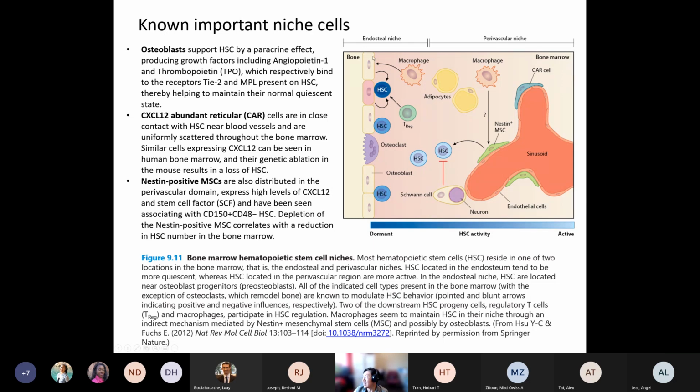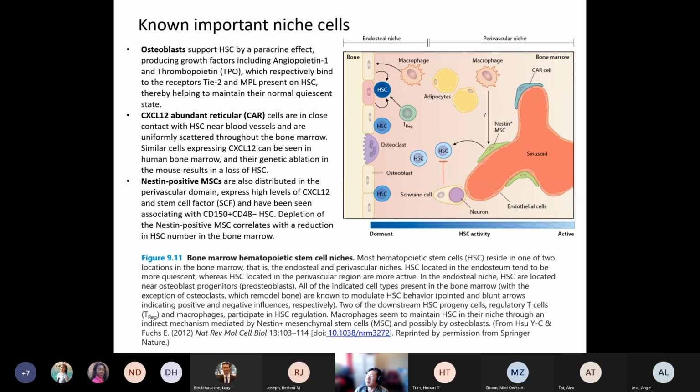So previously, it was considered that HSC is in close contact to osteoblast. They felt the interaction here is very important for the maintenance and the function of hematopoietic stem cells. But later on, when people did knockout of some important genes that mediate the interaction between these two cell types, nothing happened.